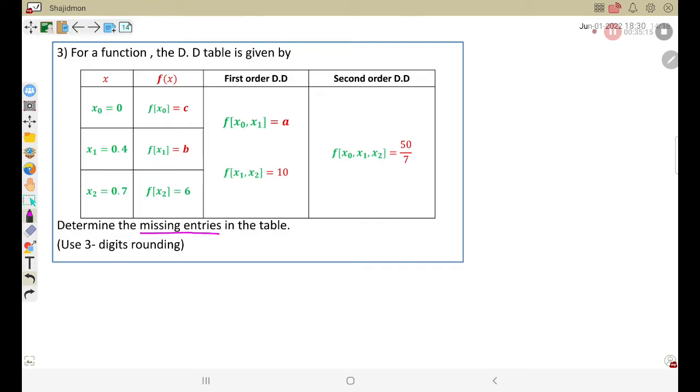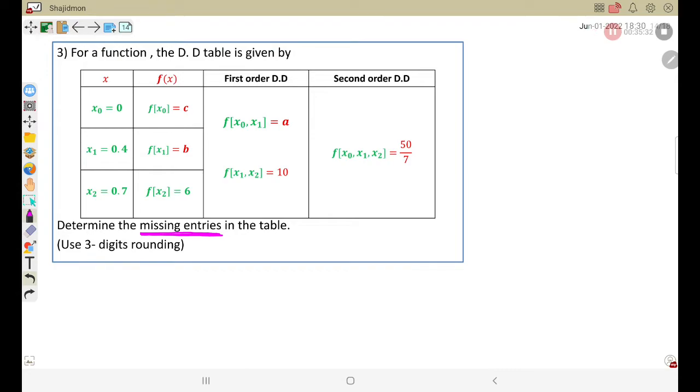Determine the missing entries. Some numbers are missing: a value, b value, c value. So 3 numbers are missing. Determine the missing entries using 3 digits rounding.